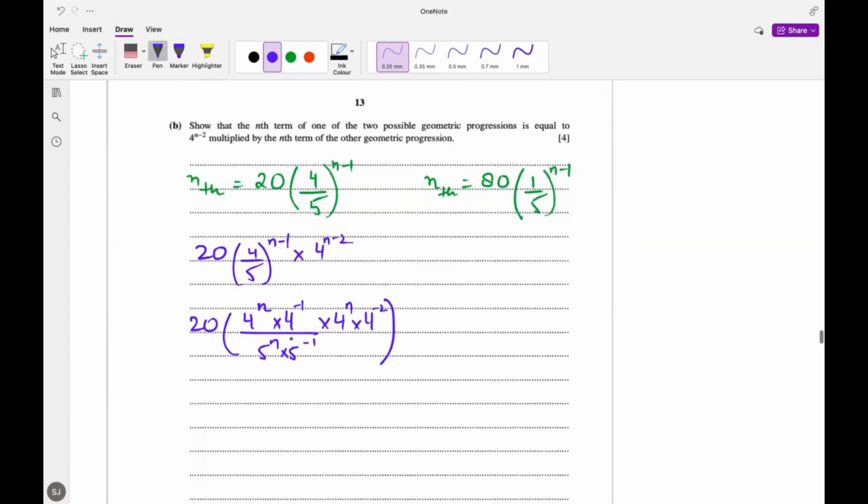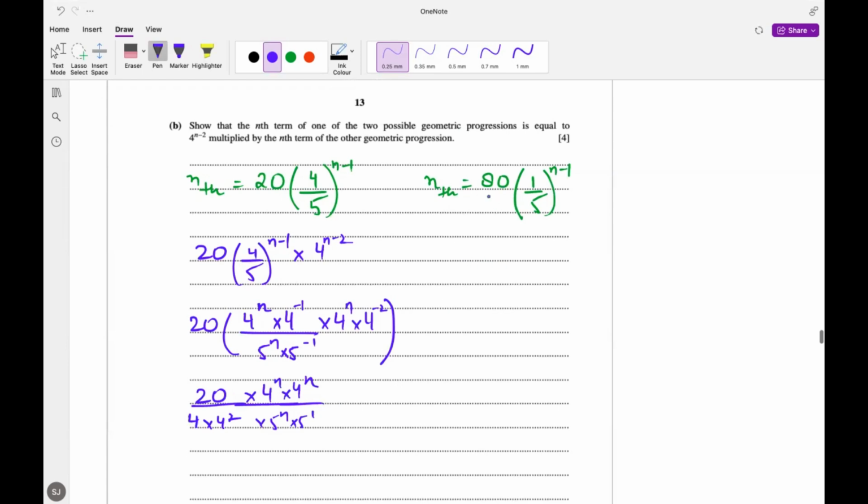So we can simplify this. This 4 will become a denominator. So we can bring this 4 and 4 squared in the denominator. So this will become 20 upon, we can write this as 4 into 4 squared. In the numerator, we'll have 4^n and 4^n. And 5^n and 5^(-1) will remain as it is.